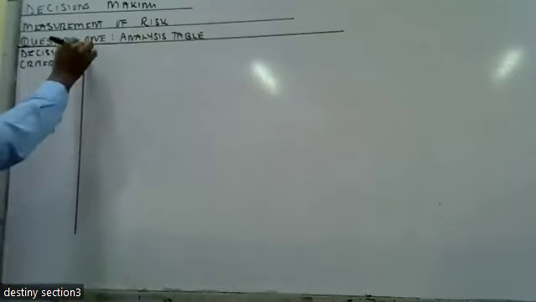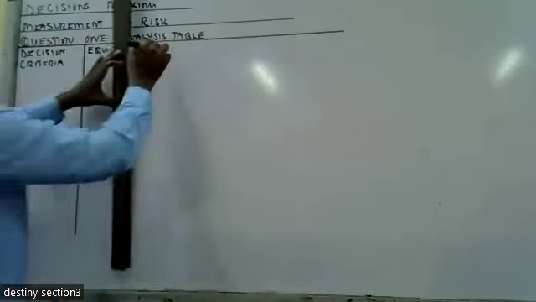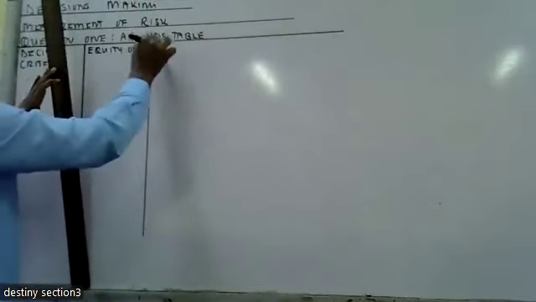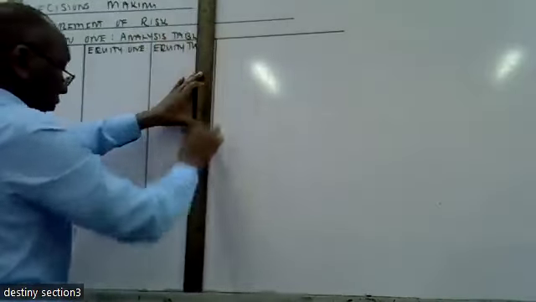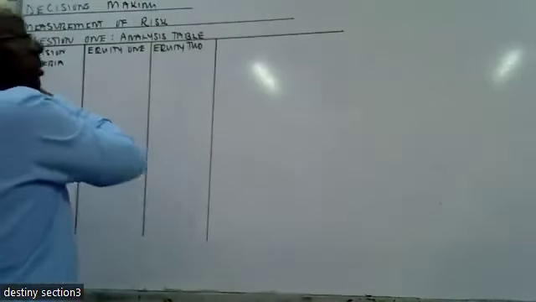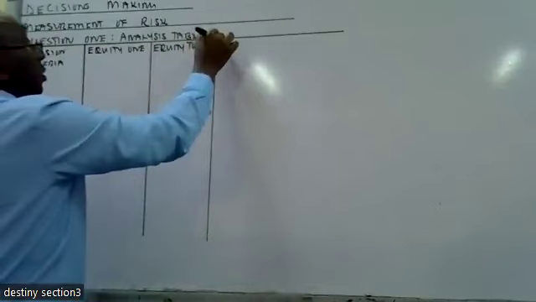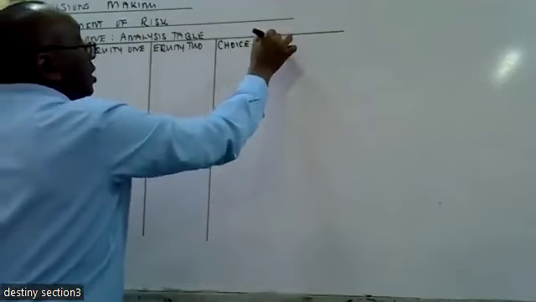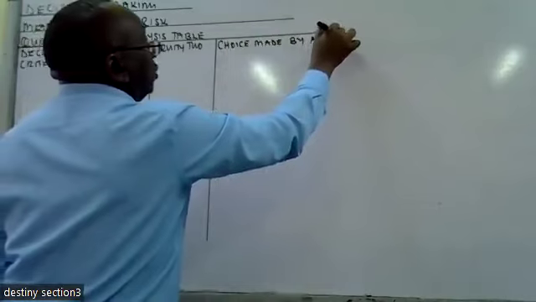Then there is what we call equity 1, and equity 2. Then the choice made by a decision maker.